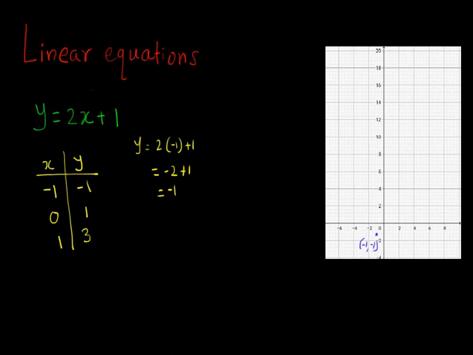My second point is 0, 1. So it will be somewhere here. Third point is 1, 3. So 1, 3 approximately here.